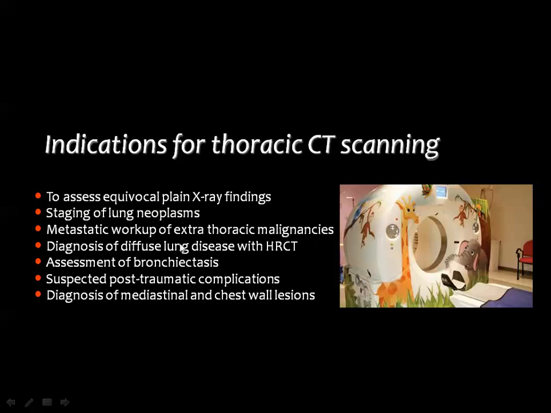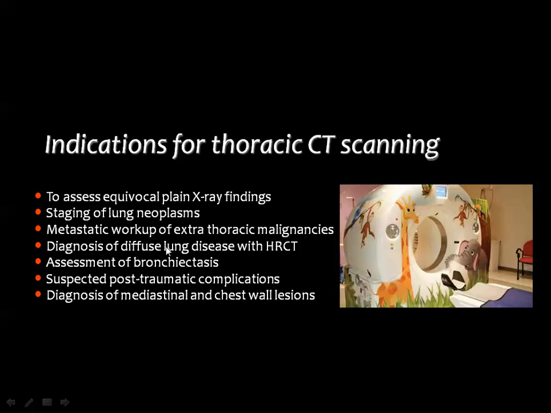The metastatic workup of extrathoracic malignancies. Children with primary malignancies like osteosarcoma or Ewing sarcoma, we want to know if there are pulmonary deposits. The plain X-ray is not that good for accurate evaluation, especially if the deposits are small. Then we may need the assessment of the chest by CT.